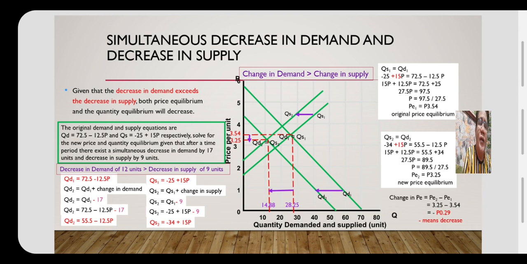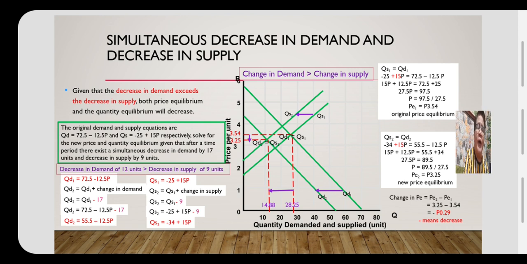Now let us go to the derivation of the new supply equation. Just the same, we add the change in supply to the original supply equation. And the fact that there is a decrease in supply by 9 units, the change in supply is actually negative 9. Adding this to the original supply equation, we have negative 25 plus 15P minus 9.